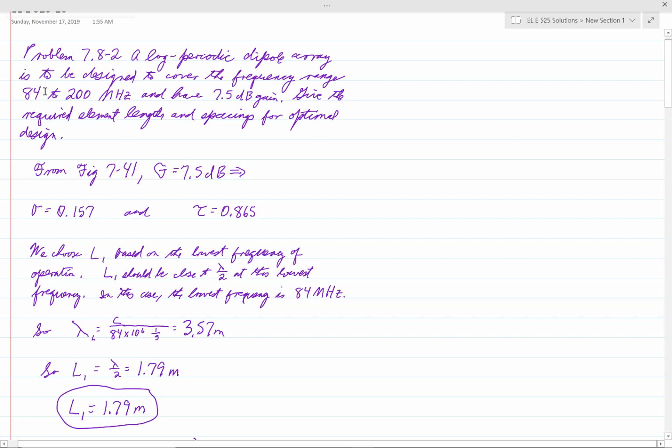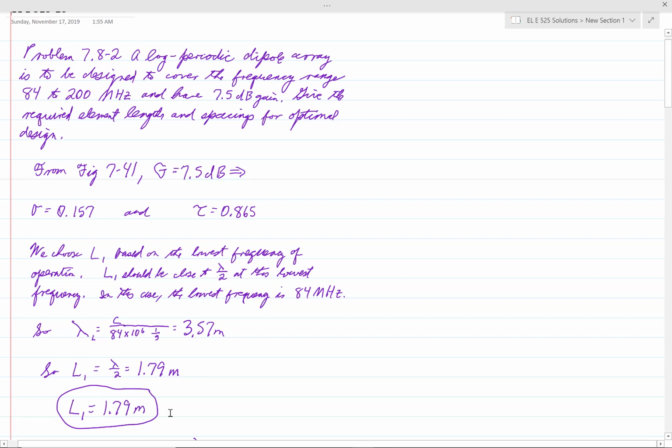So the lowest frequency is 84 megahertz. If you calculate lambda at this lowest frequency, which I will call lambda sub L, it is equal to 3.57 meters. As I said, we want L1 to be about half of that wavelength. So we will set L1 equal to lambda L over 2, which is 1.79 meters.